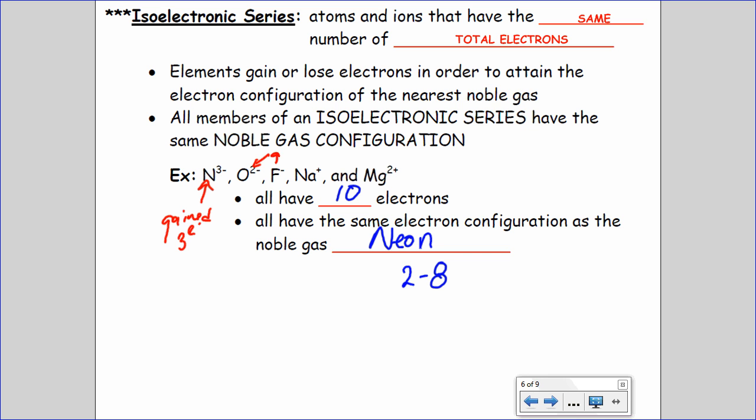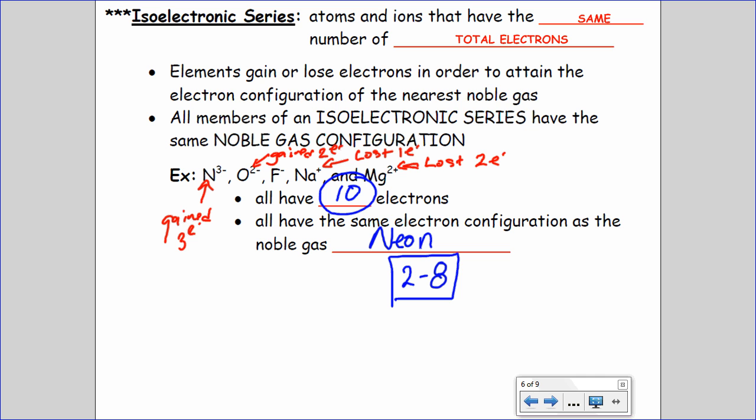Oxygen gained 2 electrons. Fluorine gained 1. Sodium lost 1 electron. And magnesium lost 2 electrons. So by losing or gaining electrons, they all ended up with the same configuration as neon, with a total of 10 electrons in the 2-8 configuration.